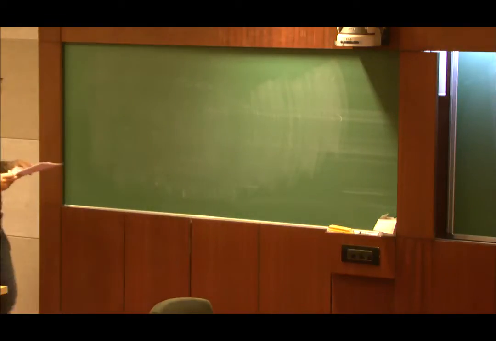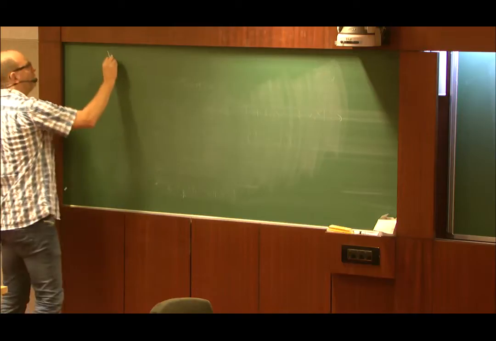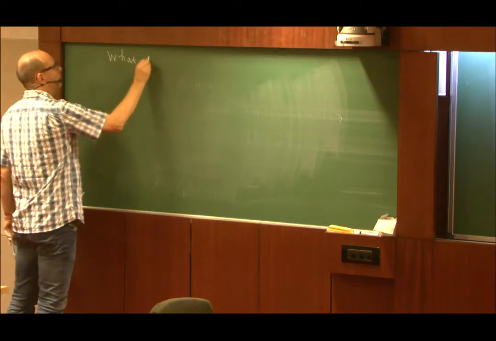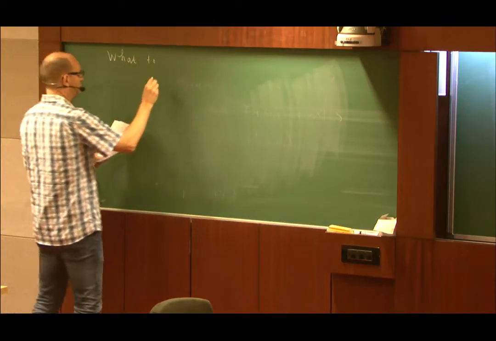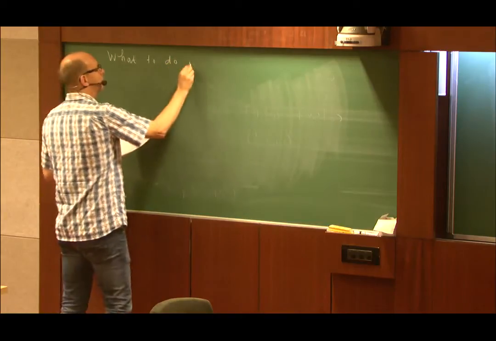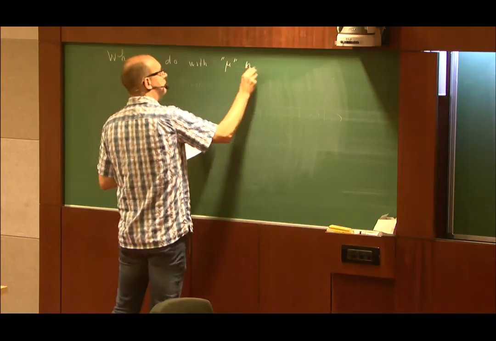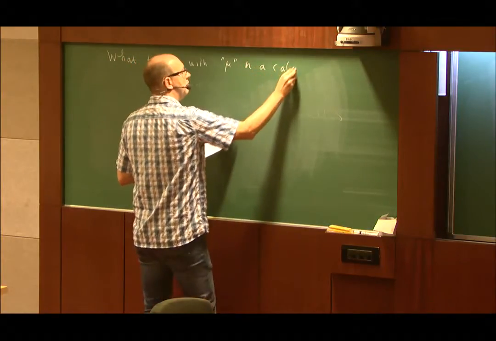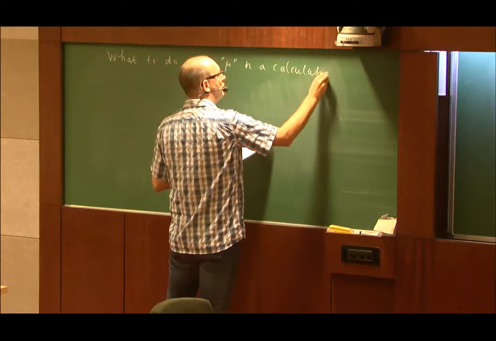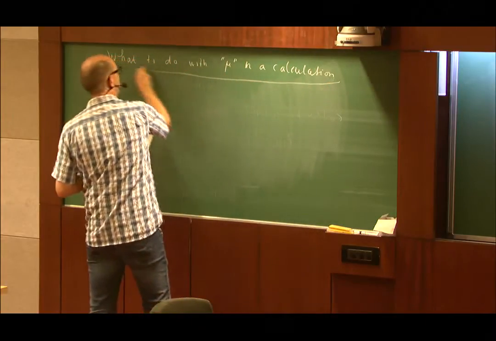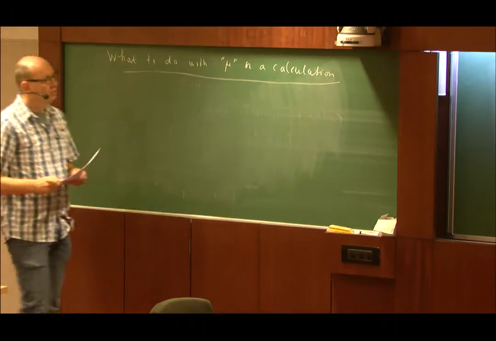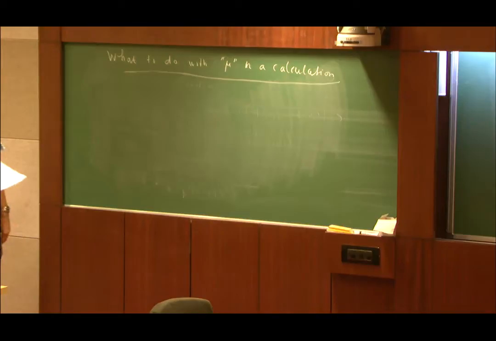And the question is, what is a good choice? So what to do with mu in a calculation? This is certainly the topic of ongoing debate, not so much in principle, but in very complex calculations. It is also not an obvious thing to choose, but let's keep it simple here.